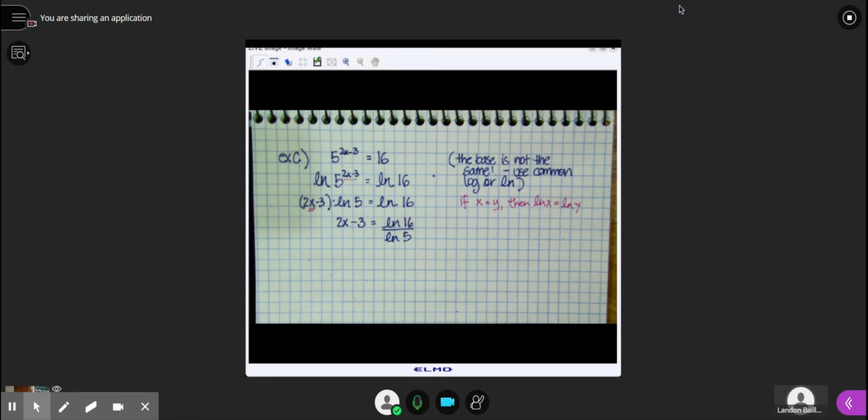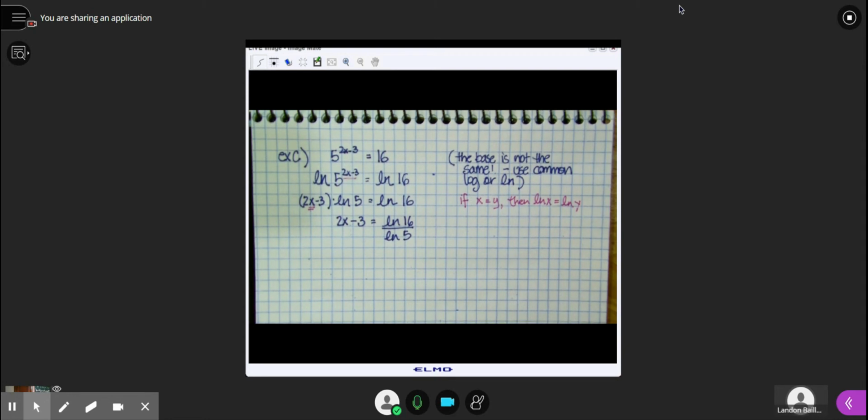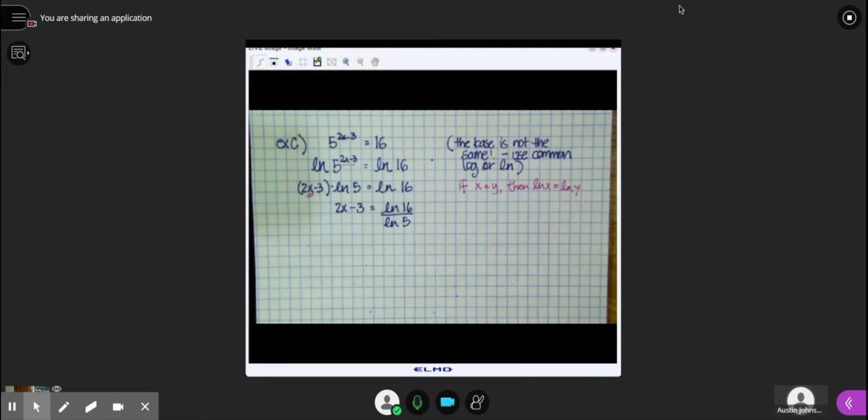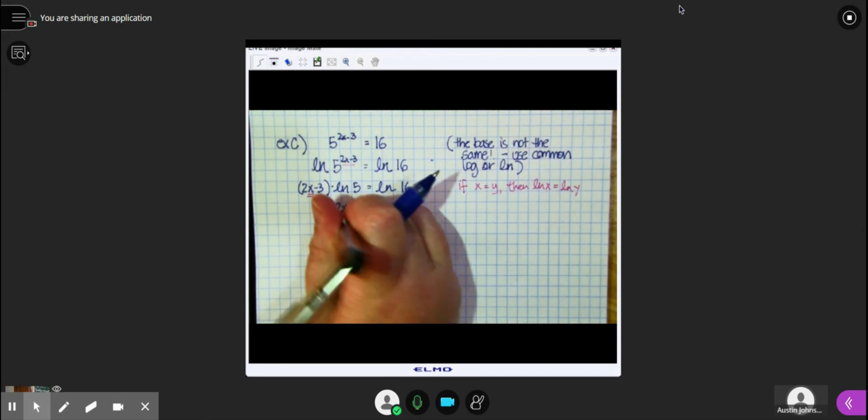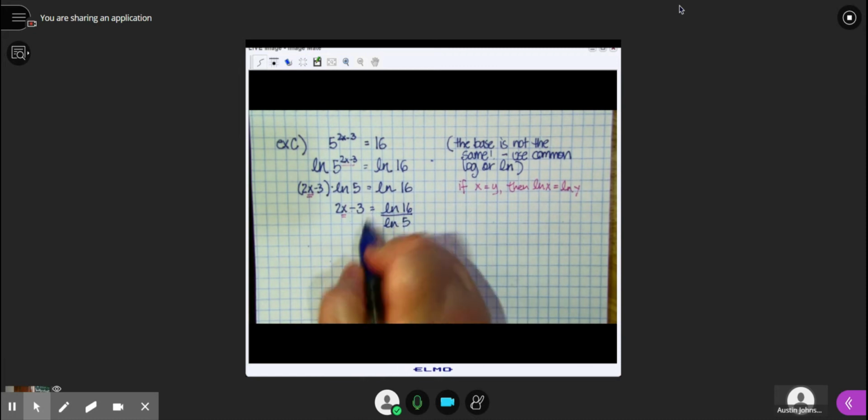Are y'all okay with that? Yeah. Okay. Now, again, I'm still trying to solve for x. I'm going to add 3 to both sides.